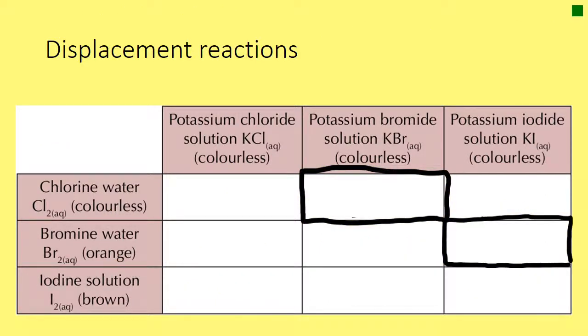Okay, so if we look back at our table that we started with, what we can do now is just illustrate experimentally what you might do in the lab, and we might well do this in the lab. So what we're going to do is 2 of these actual experiments. What we'll do is add some chlorine water to some potassium bromide.